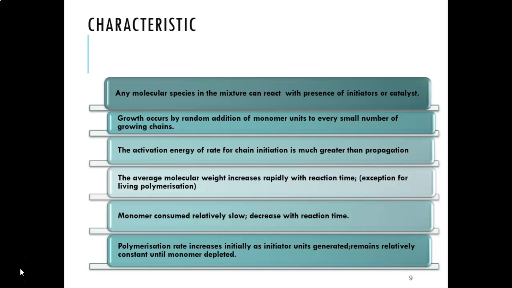The average molecular weight increases rapidly with reaction time, except for living polymerization, and the monomer is consumed relatively slowly, decreasing with reaction time. And last, the polymerization rate increases initially, as initiator units are generated, and remains relatively constant until the monomer is depleted.